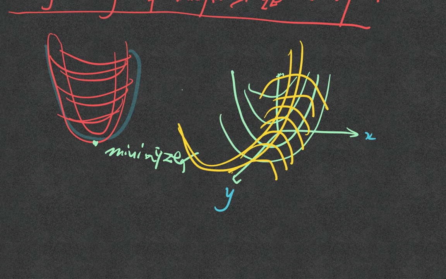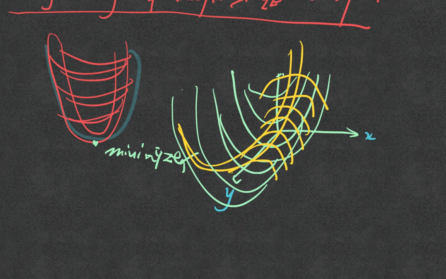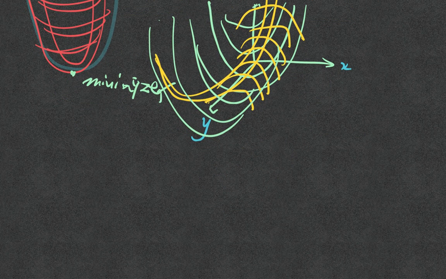If I link all those points together, if I look at it along one axis, I'm minimizing the problem. If I look at the other axis, I'm maximizing the problem. Forgive my drawing, I know it's terrible, but this is called a saddle point problem.